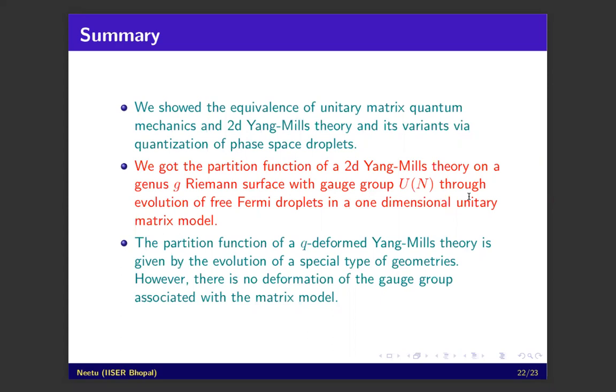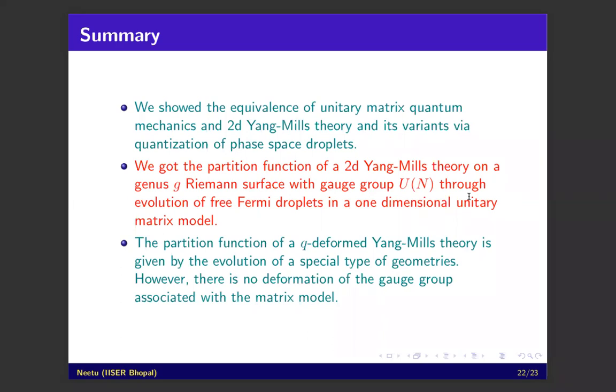We also got the partition function of q-deformed Yang-Mills theory by the evolution of some special type of coherent state, which corresponds to some special type of geometries of the Fermi surfaces. One thing to note is that when we write down the partition function of a q-deformed Yang-Mills theory, the gauge group is deformed there. But when we are dealing with the evolution of these free Fermi surfaces on the matrix model side, there's no deformation of the gauge group. So that's an important point.